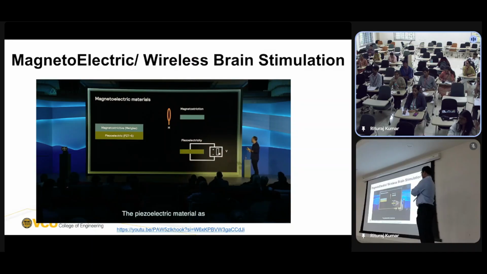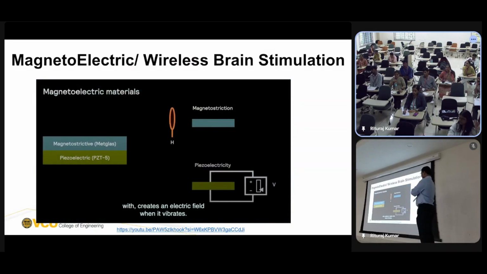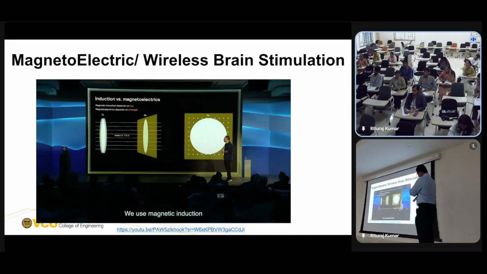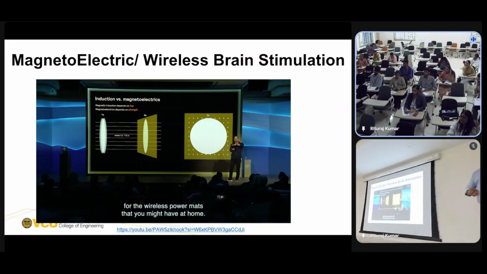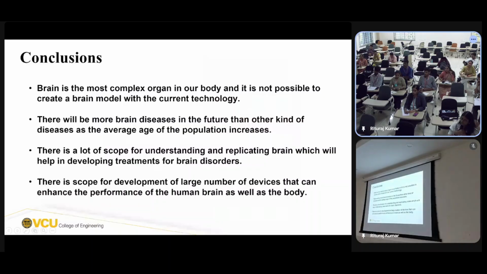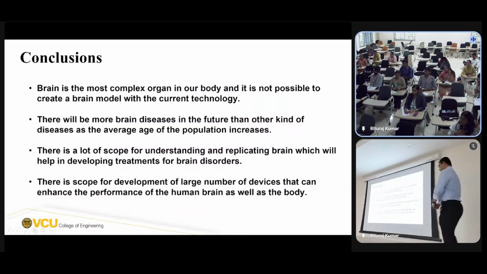The piezoelectric material, as you're probably more familiar with, creates an electric field when it vibrates. And so we can combine these two things together. I can apply an alternating magnetic field transferred into mechanical energy, which then creates an alternating voltage. We use magnetic induction for the wireless power; today an implantable medical device is recharged using magnetics. So you got the idea, right?